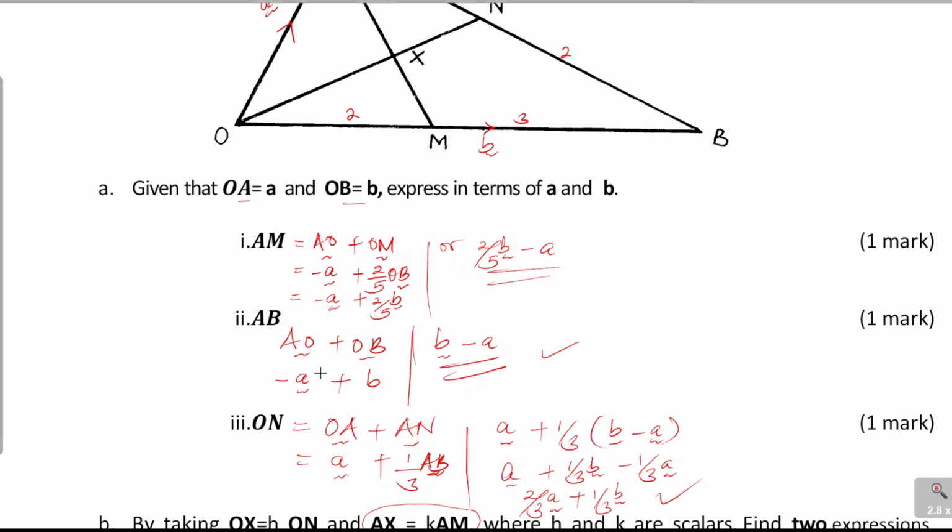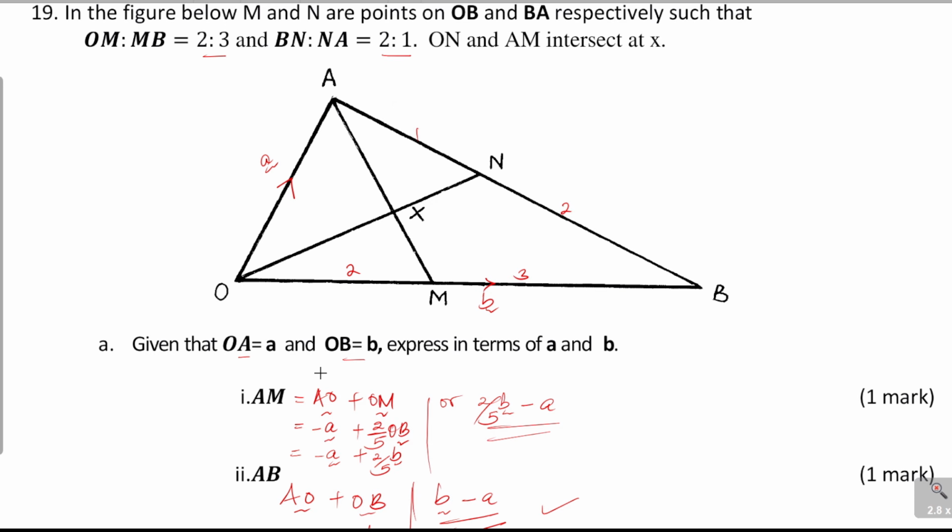The route that you're going to follow is O to A, then A to X. By using that, you ensure that you utilize AX.